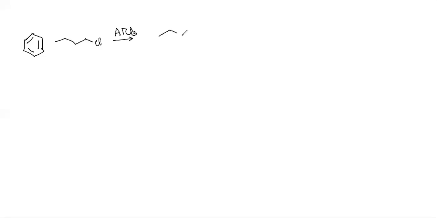Now 1, 2, 3, 4 plus AlCl4 minus. This is the electrophile. This is a primary carbocation. Look at the rearrangement occurring. This H along with the pair of electrons will migrate here and will form 1, 2, 3, 4.